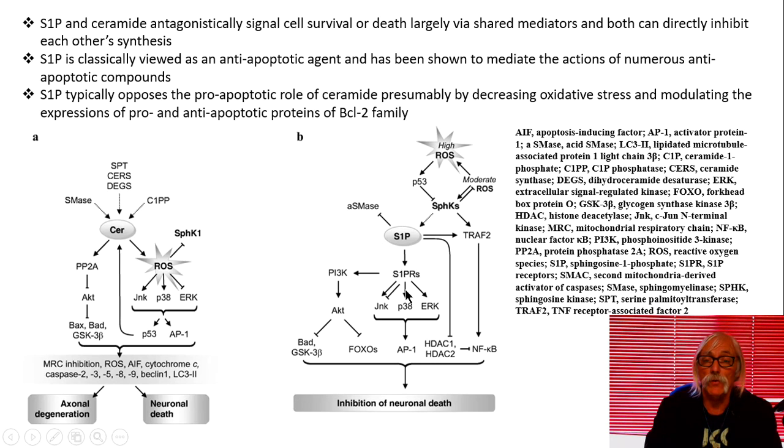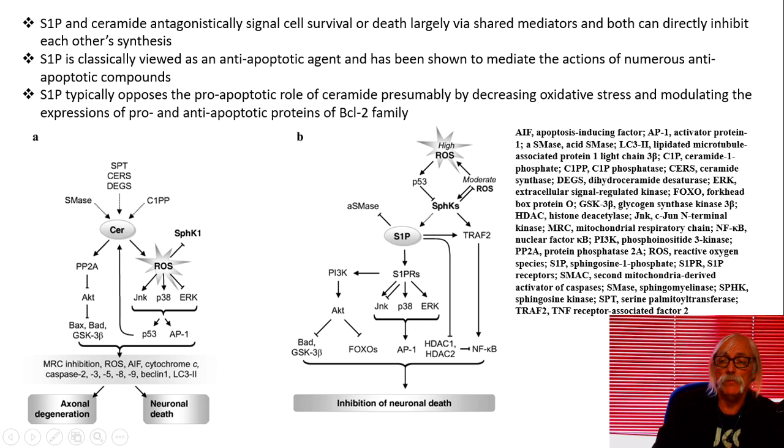It can also work through these receptors we talked about, again through the same type of protein, JNK, p38, and ERK. These are all canonical in a lot of immune cells and endothelial cells, inducing AP1, okay? And then with this pathway, because you have all these other proteins altered, they're flipped in terms of their reactivity, and they're downstream from these other effector distributed network systems, you get inhibition of neuronal death.